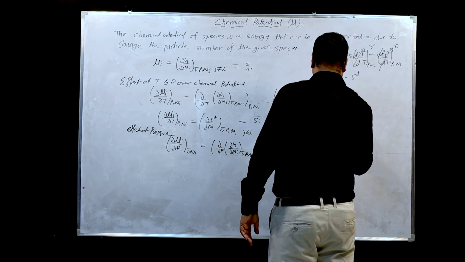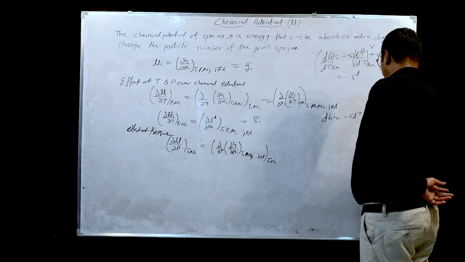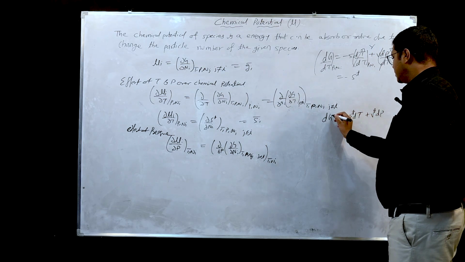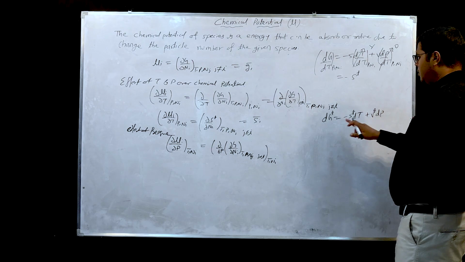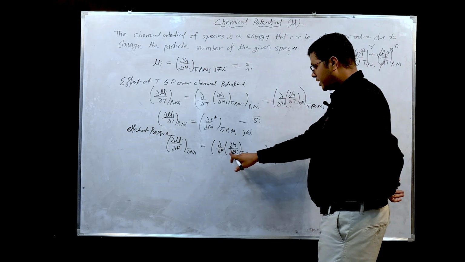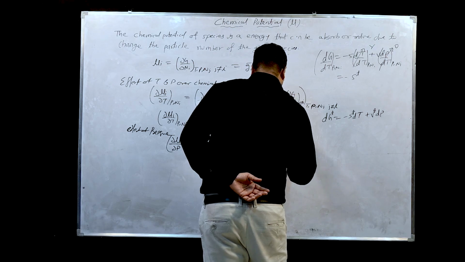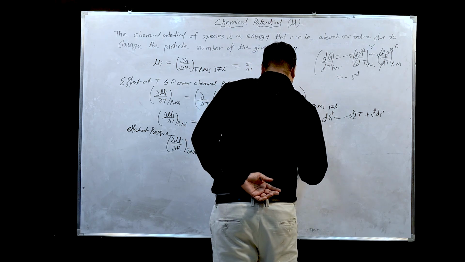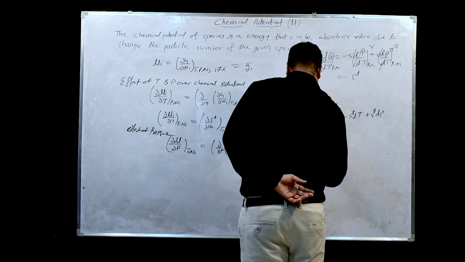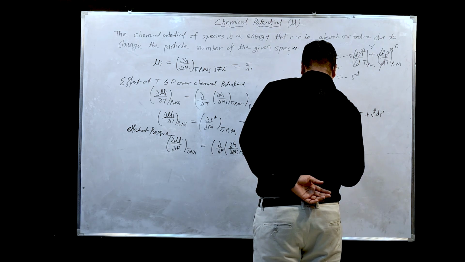We know that dG is equal to minus S dT plus V dP. Here I am representing total entropy, total volume and total Gibbs energy. So what we need, we rearrange this: ∂G/∂Ni and ∂G/∂P.